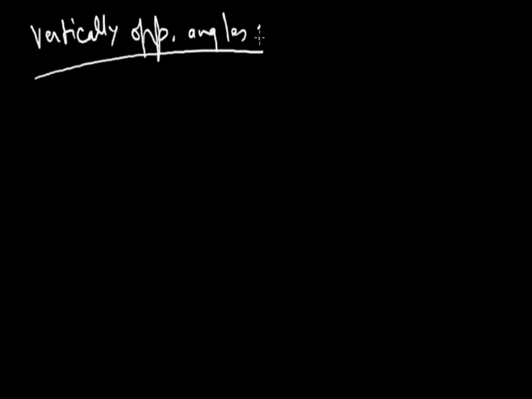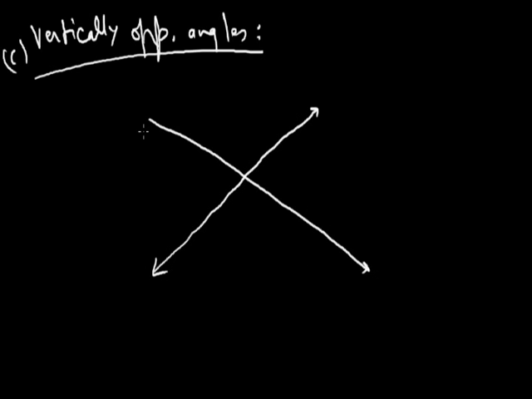Now vertically opposite angles. The third type of pair of angles is vertically opposite angles. When two lines intersect, they will form a total of four angles. First of all we will discuss in how many points two lines can intersect.